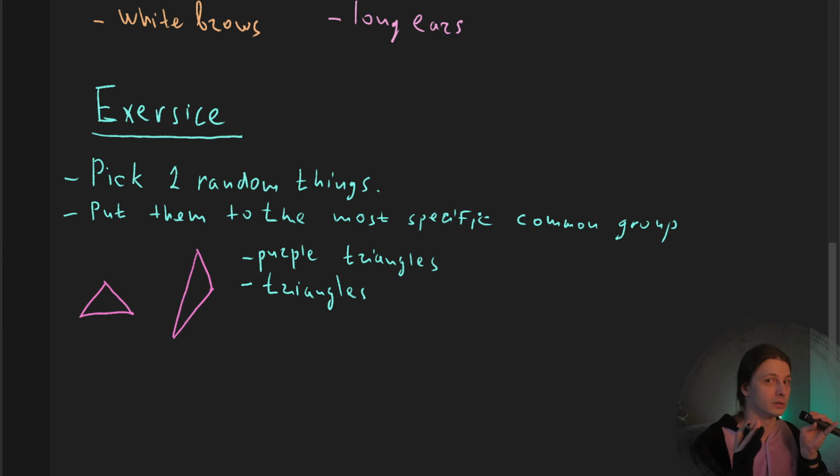It's between triangles and purple triangles on our spectrum of specificity, and between specificity and abstraction. Purple triangles is a more specific group than just triangles, and colored triangles is just in between.